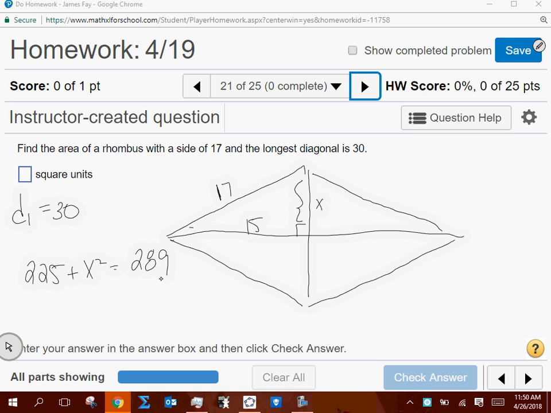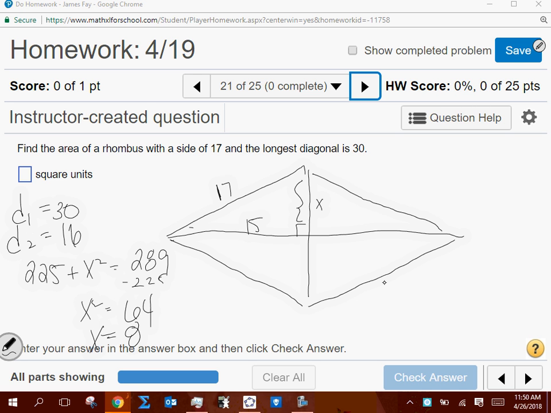What's 289 minus 225? 64. So x has got to be 8. So what is diagonal 2 if x is 8? 16. That's the place where most people make a mistake in these problems: once they find x, they forget to double it. You need the entire diagonal.